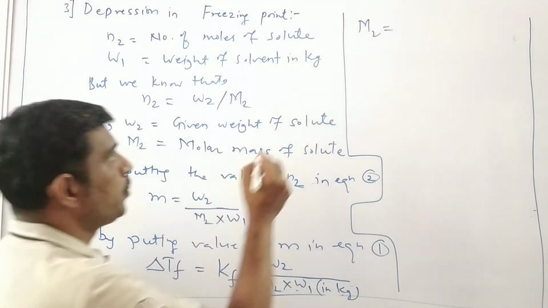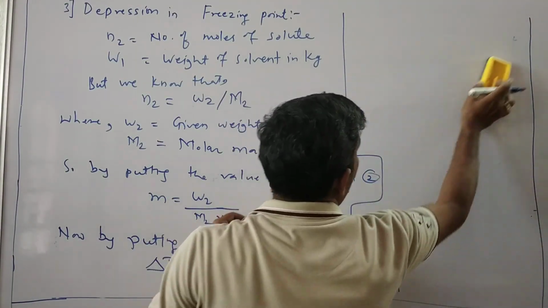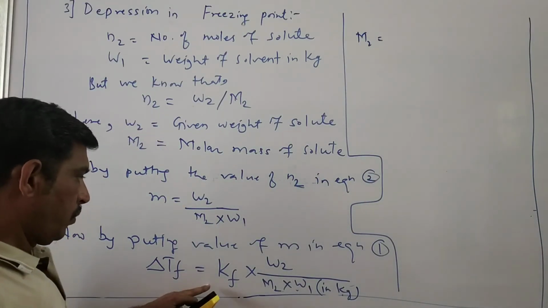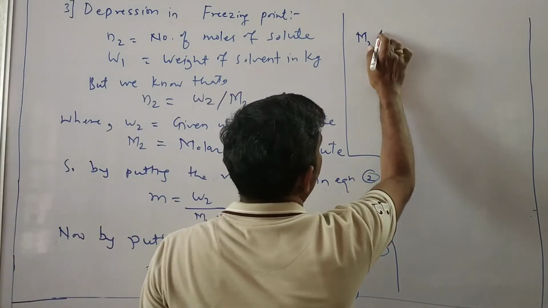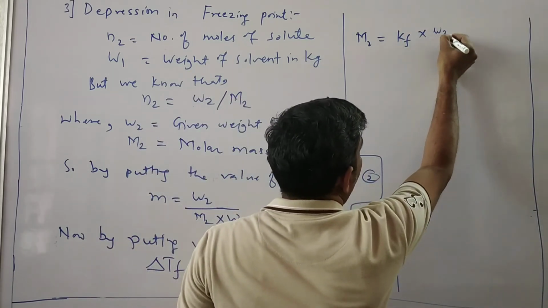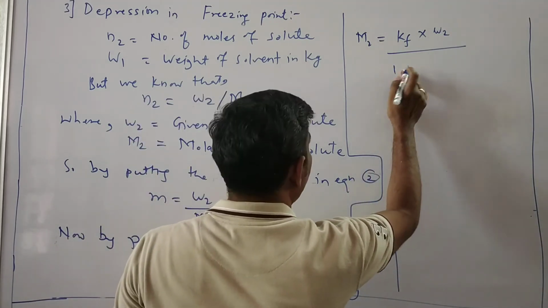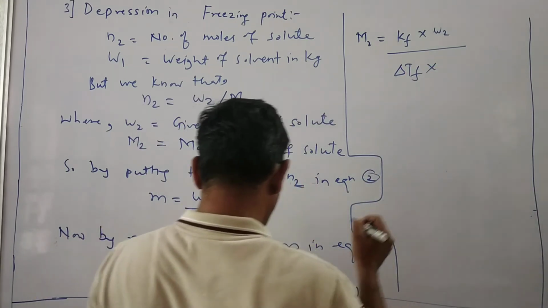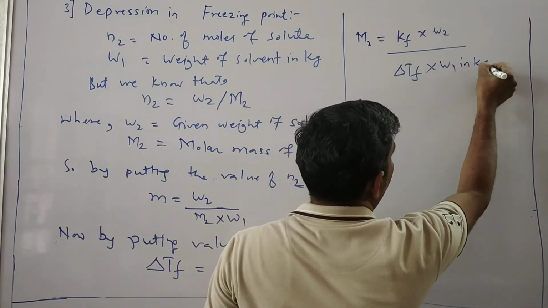So M2 is equal to Kf into W2 upon delta Tf into W1 in kg.